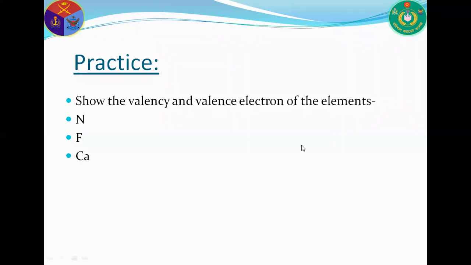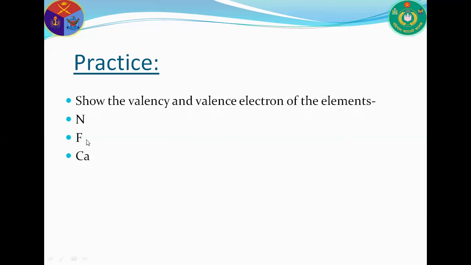Now, here 3 elements are given: nitrogen, fluorine, and calcium. You need to write the valency and electron configuration of the elements. Nitrogen has 5 electrons in the outermost energy level. This is the valence electron, and the valency of nitrogen is 3. Fluorine has 7 electrons in the outermost energy level.